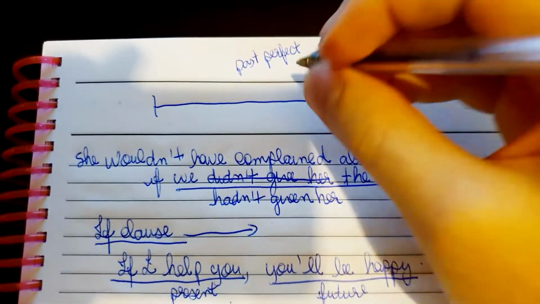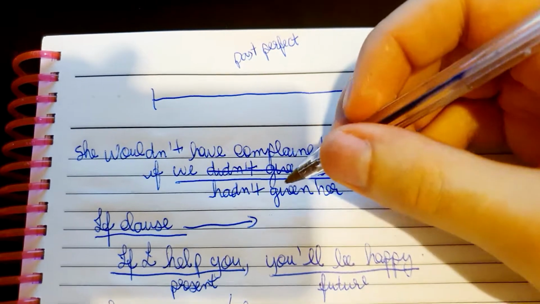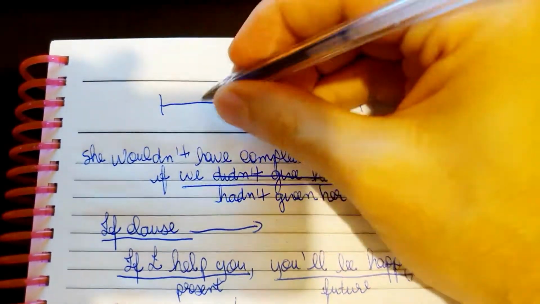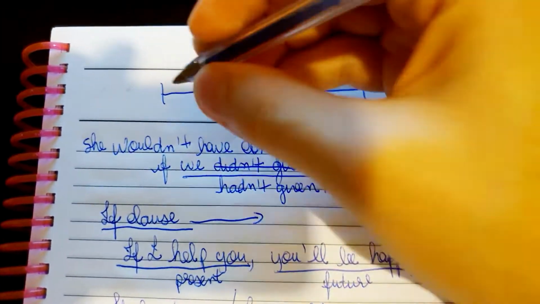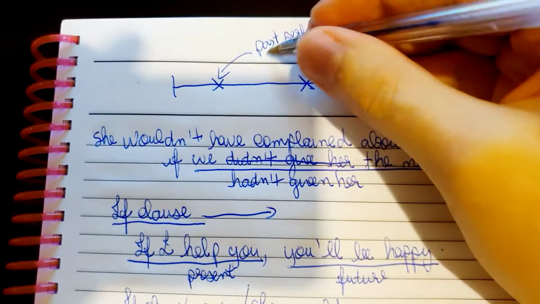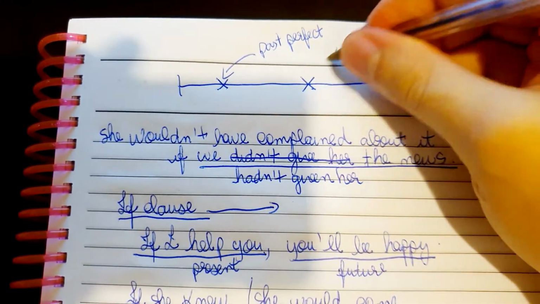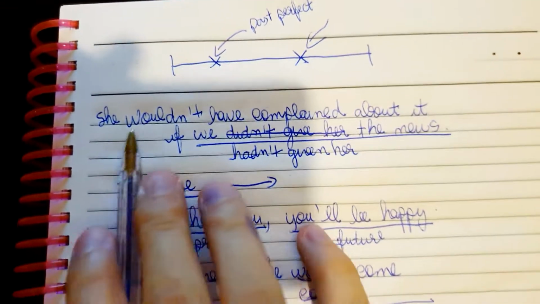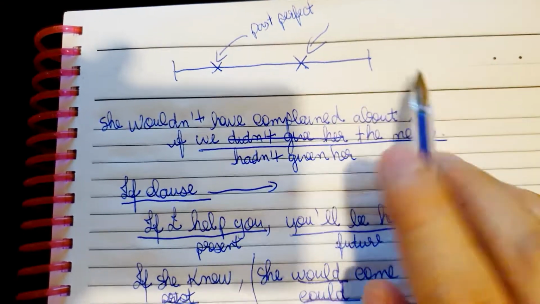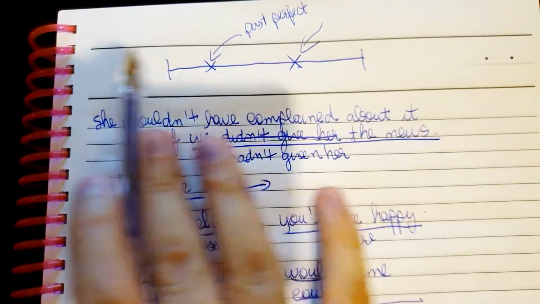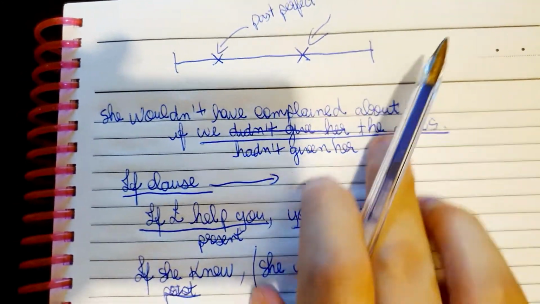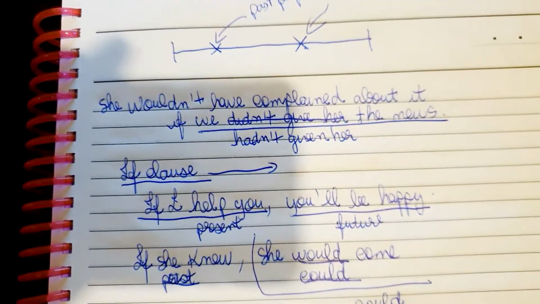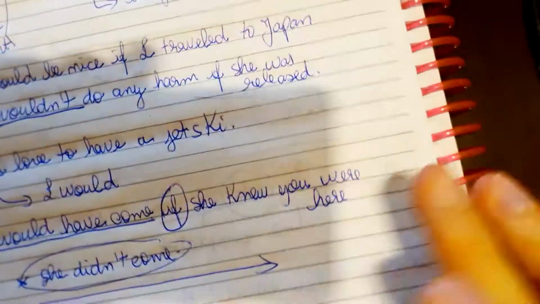We have studied that the past perfect is used when we have two actions in the past. The first action is the past perfect, and the second one is not the past perfect. So she wouldn't have complained about it. It's something that happened later, and the first one was hadn't given her.